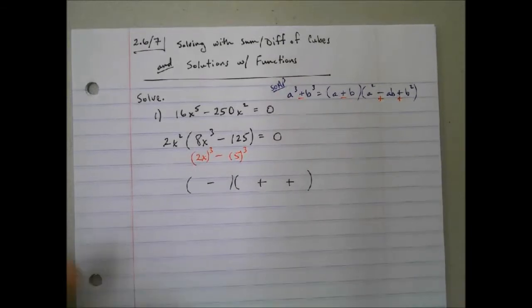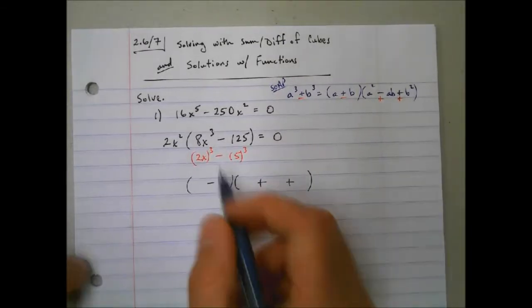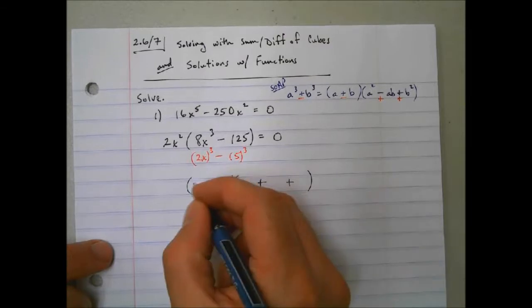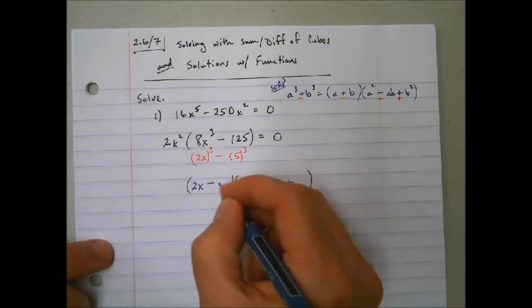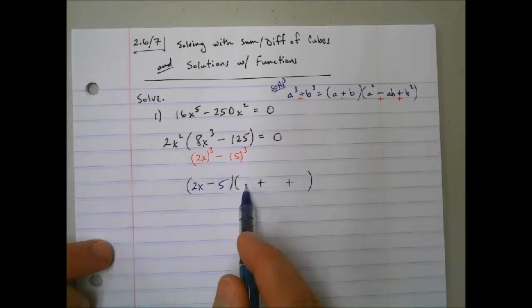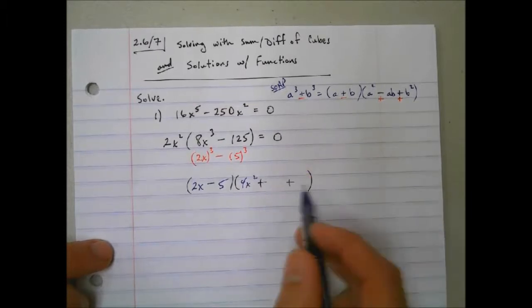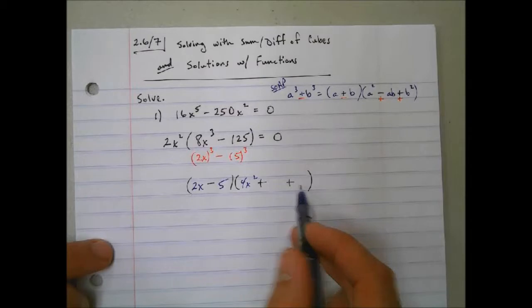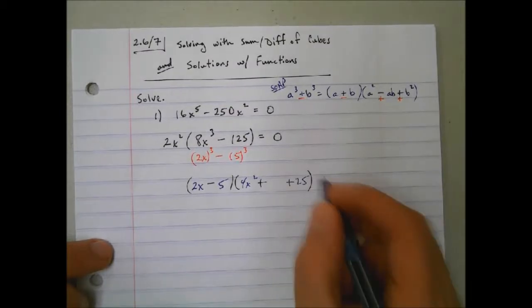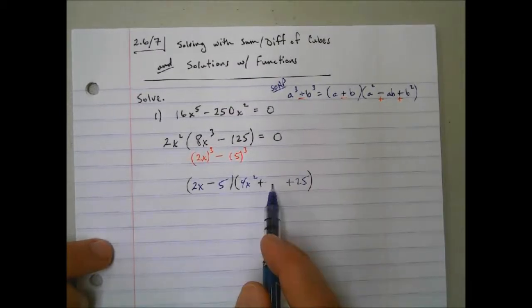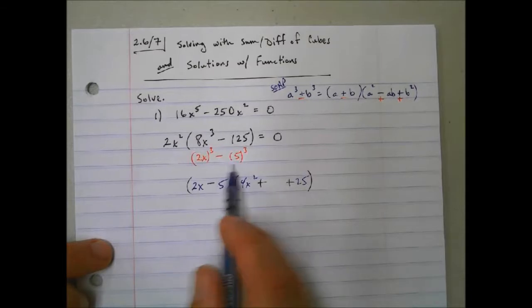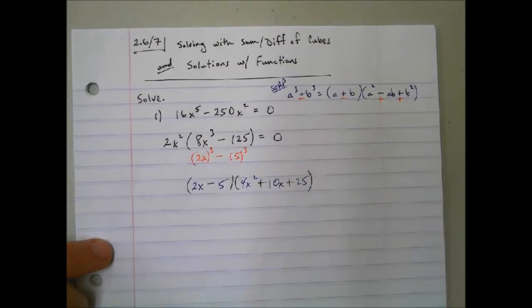Okay, so here's the A and the B. So 2x and 5, and this is a squared, so square the A. So 4x squared, here's b squared, so square the b, 25, and this is a times b, so a and b, that would be 10x.